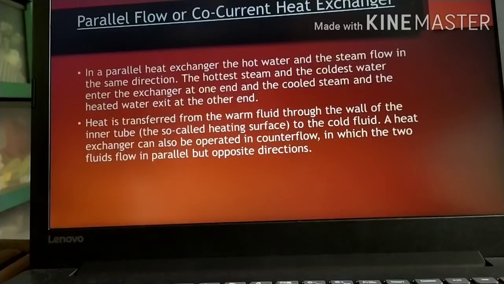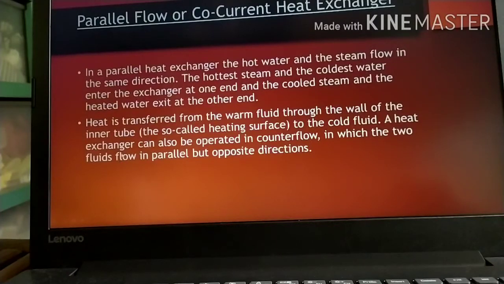So that's how the parallel flow works. Heat is transferred from the warm fluid through the wall of the inner tube, the so-called heating surface, to the cold fluid.